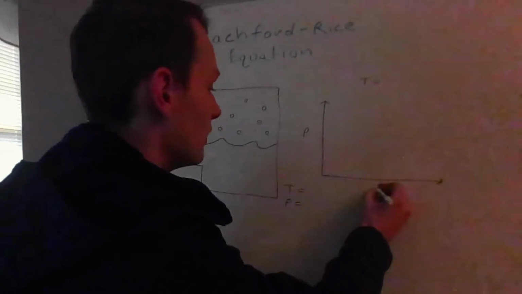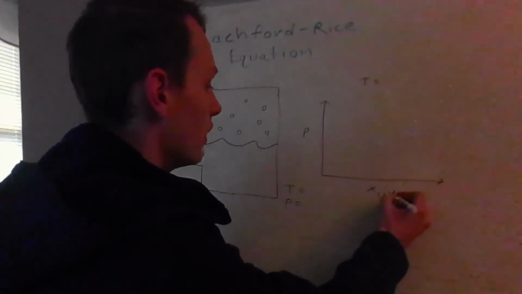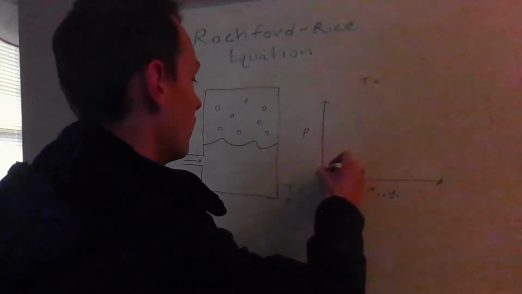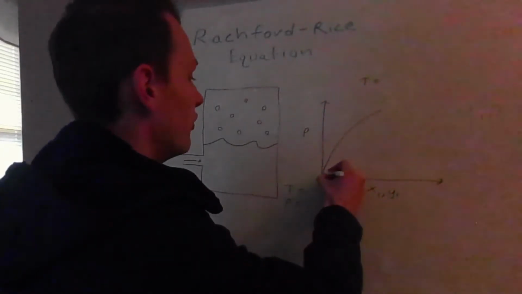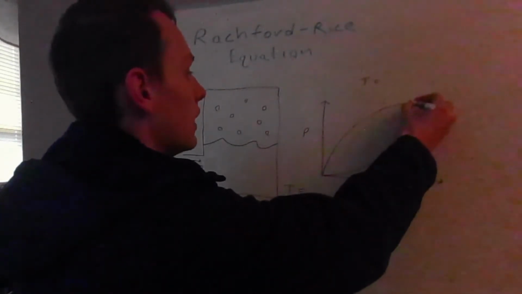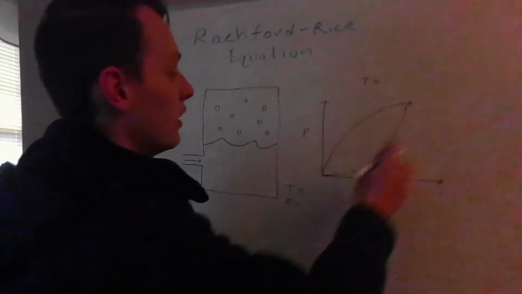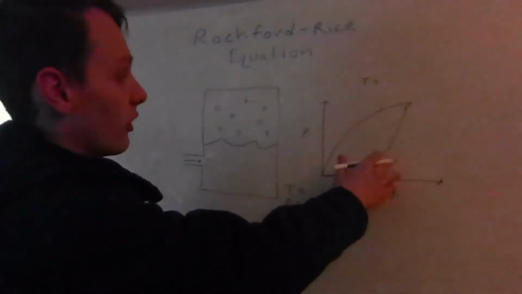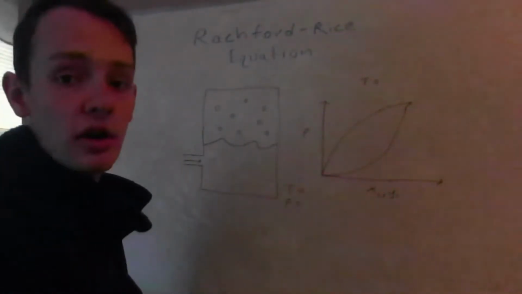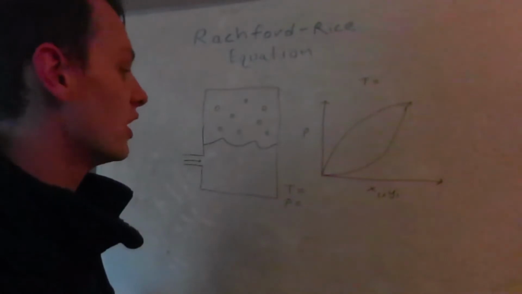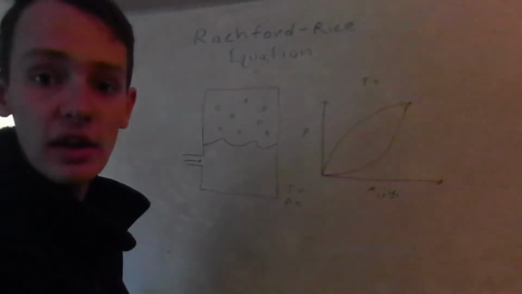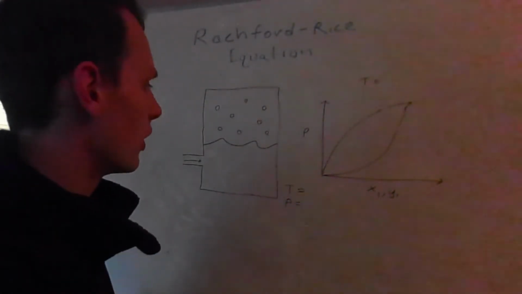So that could be X1 or Y1, something like that, okay? We have our two-phase envelope, right? And we remember, hopefully, that the dew pressure curve is the lower curve, and then the higher curve up here is the bubble pressure curve, changing with the mole fraction of the more volatile component.